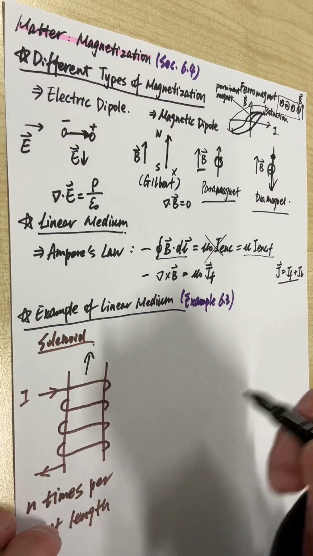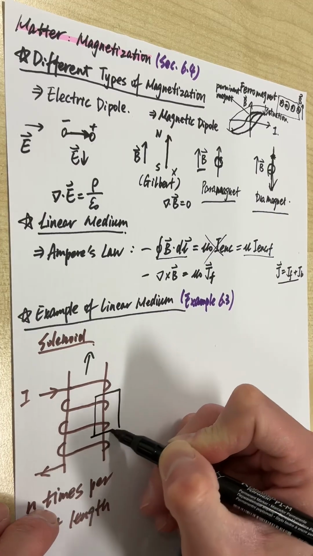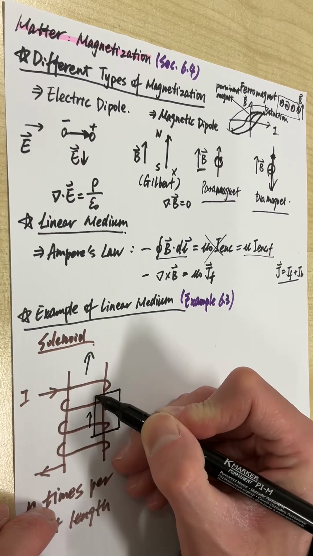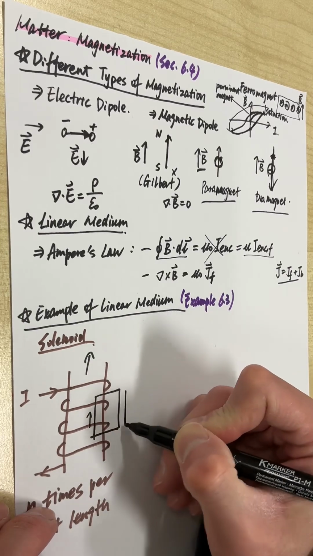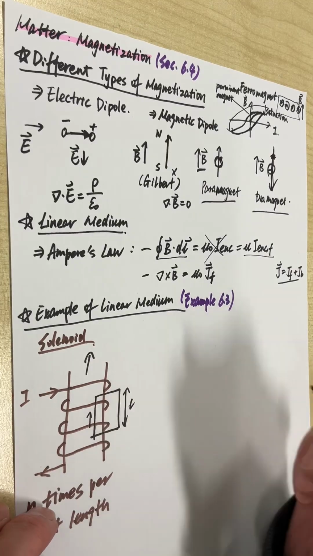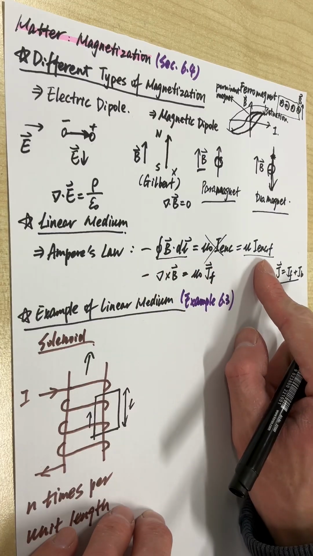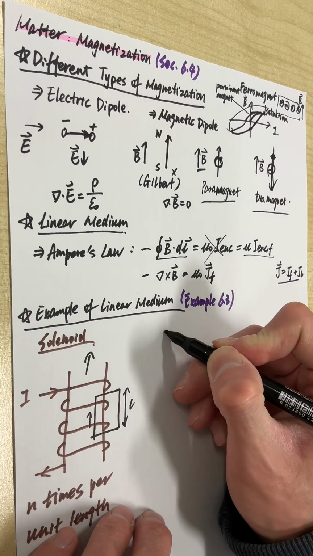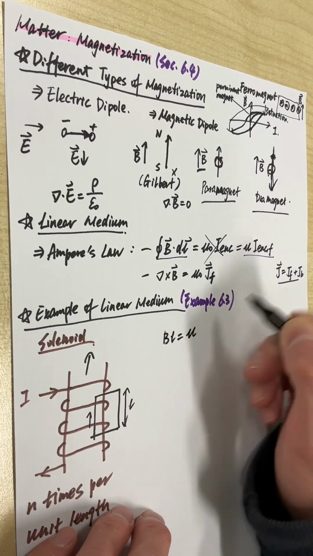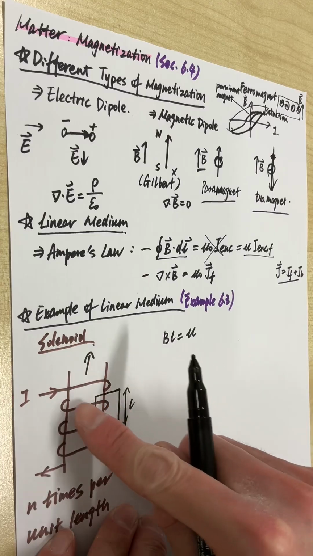So now what we need to do is find an Amperian loop. There is no magnetic field outside. There is a magnetic field inside along this path. If the length of the Amperian loop is L, then we have here the modified Ampere's law. We have BL equals mu times the total current enclosed, the free current.